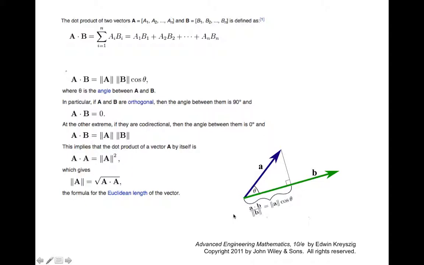The dot product is a special type of vector multiplication. A dotted with B is basically a scalar. Sometimes this is also referred to as the scalar product. So basically the dot product of A and B would be the sum of the products of the individual elements of A and B. So if A contains A1, A2 through AN, and B contains B1, B2 through BN, then A dotted with B is just the sum of A1 B1, A2 B2, and so on.